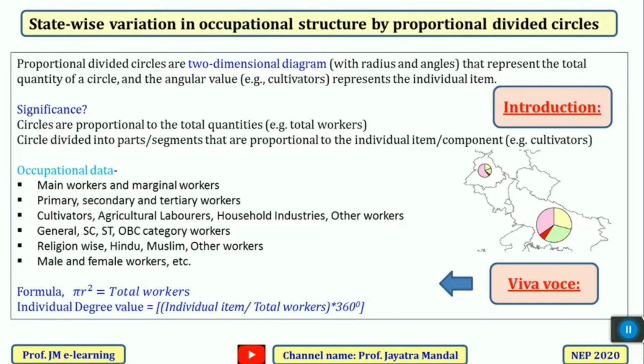The name proportional divided circles signifies that each circle is proportional to the total quantity of the given spatial unit. At the same time, the circle is divided into parts, segments, or angles that are proportional to the individual items or components such as cultivators, agricultural laborers, etc.